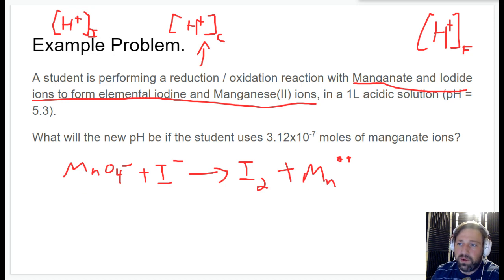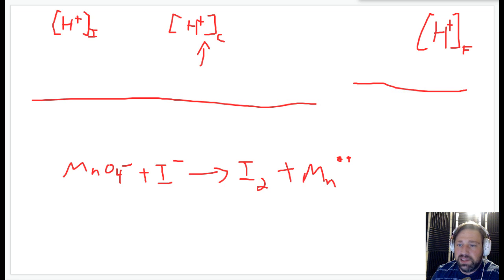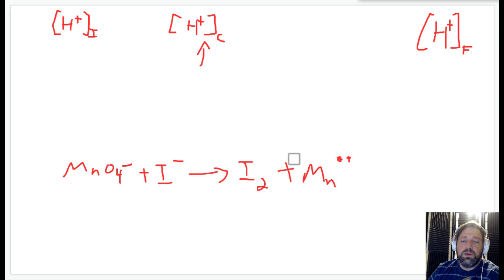All right, cool. I'm going to switch over to a blank sheet now. Now we just have to balance this. And remember, when you're balancing redox reactions, you want to split them up into the reduction and oxidation.